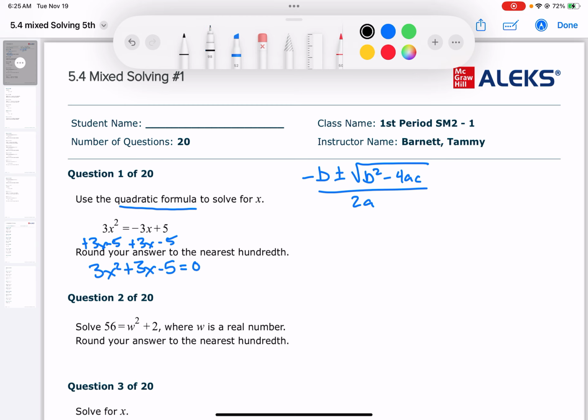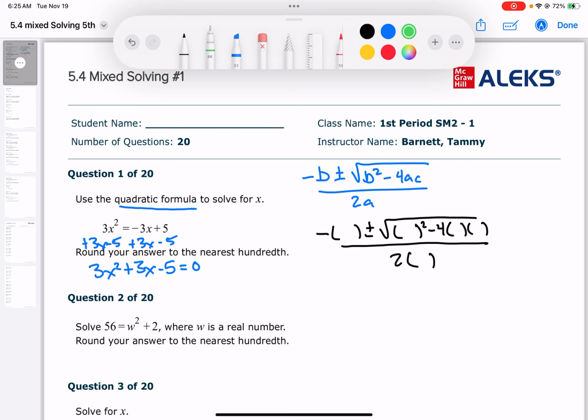All right, so the next thing I'm going to do is write out my quadratic formula, and I'm going to leave parentheses wherever I see a variable, and then I'll go in and fill in those parentheses later. So that's going to be negative b plus or minus the square root of b squared minus 4 times a times c, all over 2 times a.